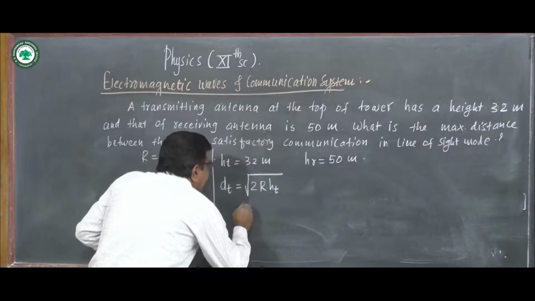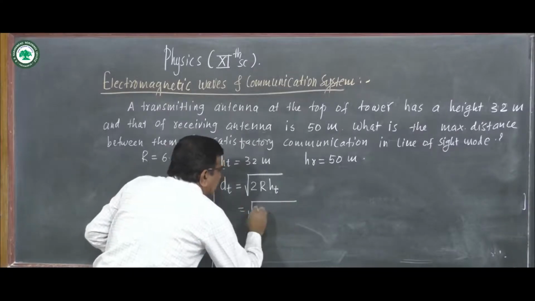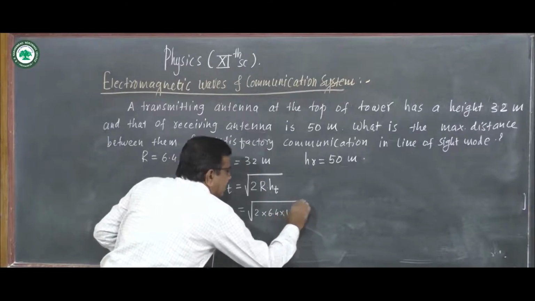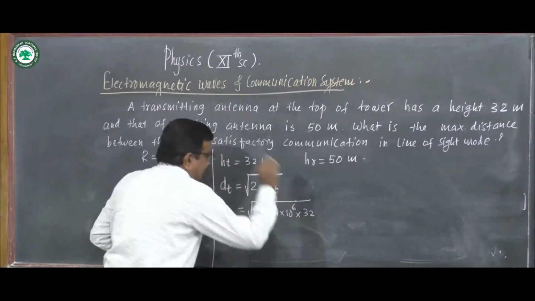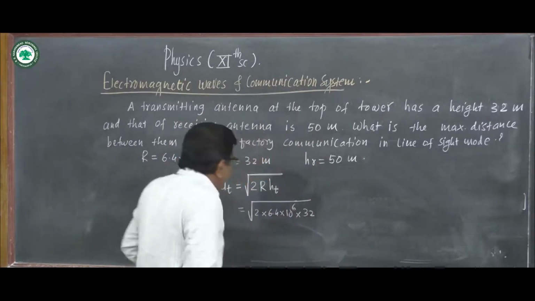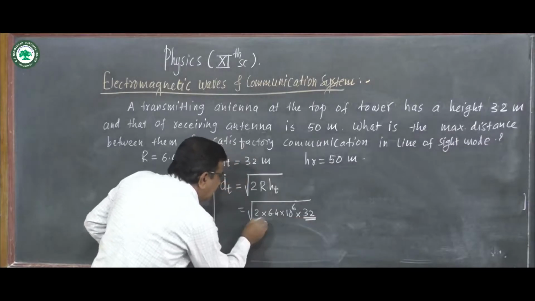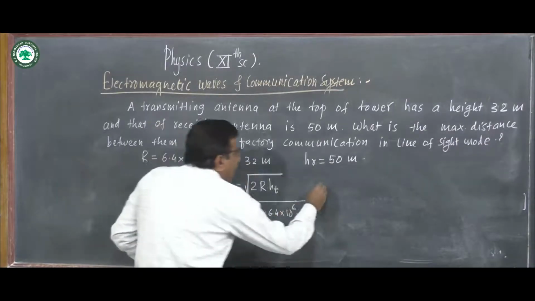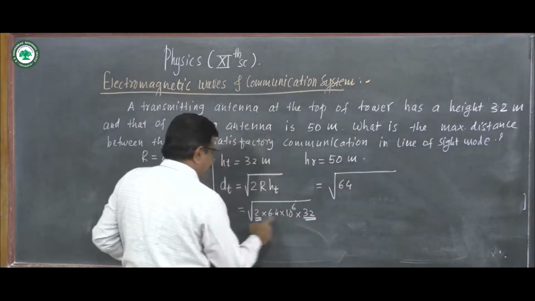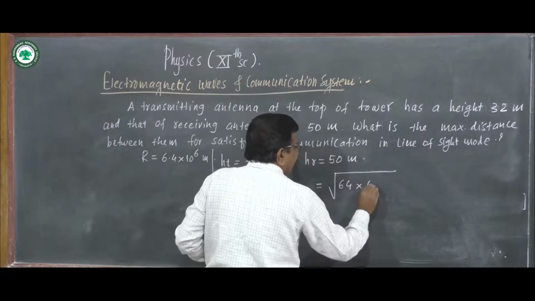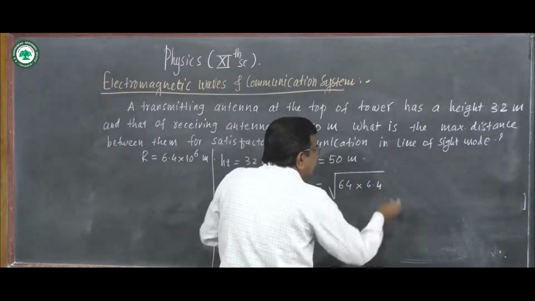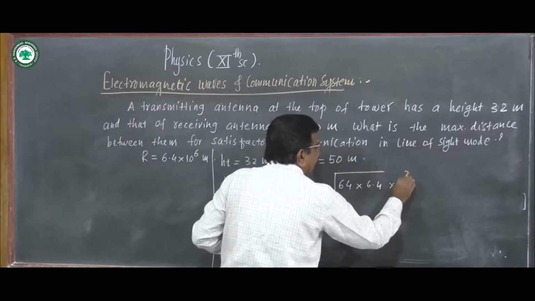So this is square root of 2 into 6.4 into 10 raised to 6 into 32. See here, this 32 into 2, this is 64, square root of 64 into 6.4, and as this is 10 raised to 6, outside the square root, this will be 10 raised to 3.